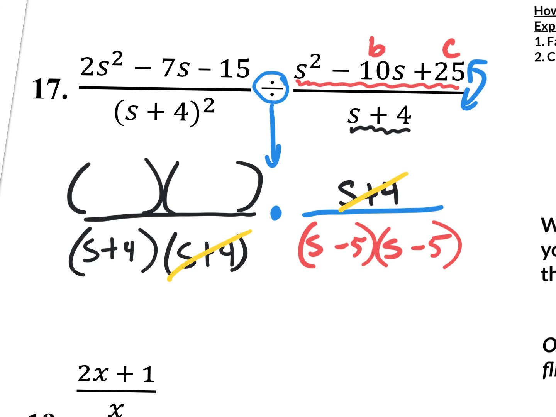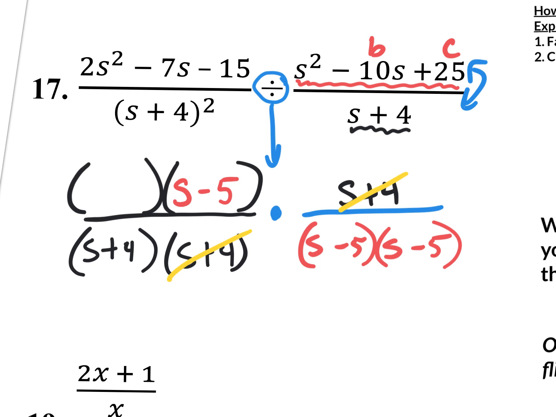Which one, a 4 or a 5, would work if you have a 15? Would a 4 work? No. A 5 would work though, right? So I'm not certain that s minus 5 is going to work, but I'm going to write s minus 5. Let's see what happens, all right?